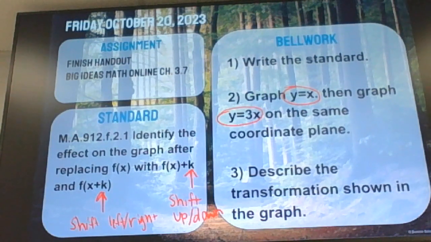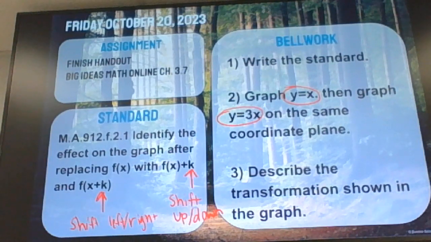It's the parent. It's the most basic one. All functions have a parent, and they call the group a function family. It's cute. The transformations that we started yesterday are just transformations of the parent function in the function family.